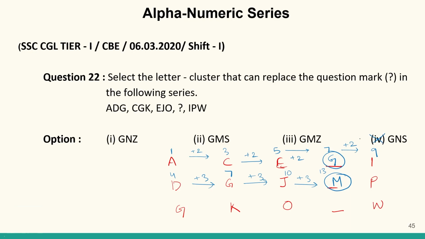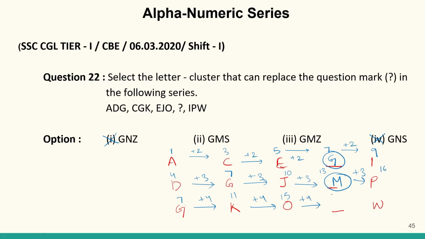So I can clearly eliminate these 2 options. Right? Let us check. If we add 3, which position will we get? We'll get the 16th position, which is P. Similarly, in the third series, G, K is positioned at 11, O is positioned at 15. So I can see an increment of 4 positions. Here also an increment of 4 positions.